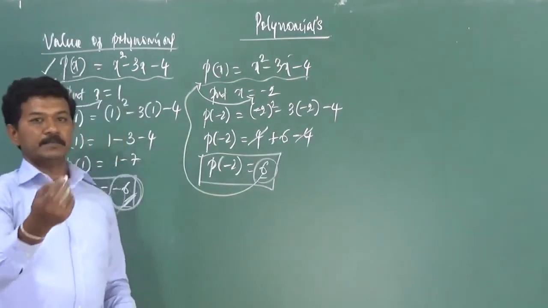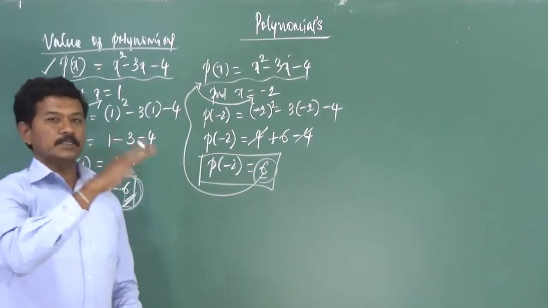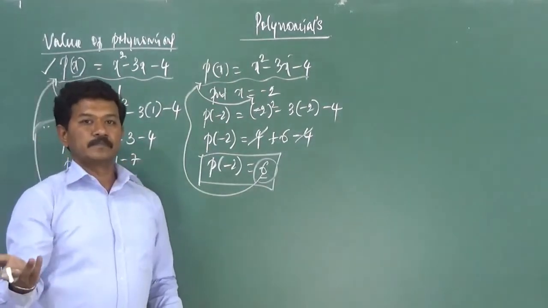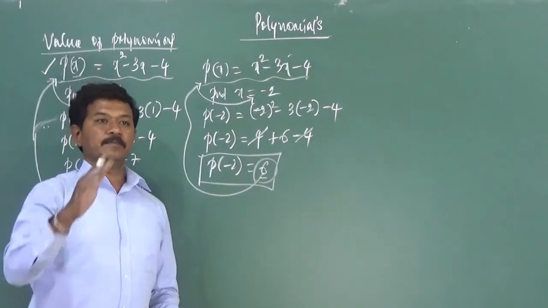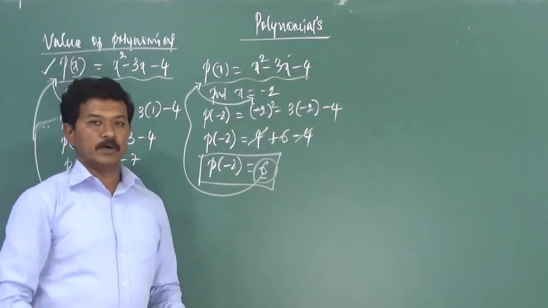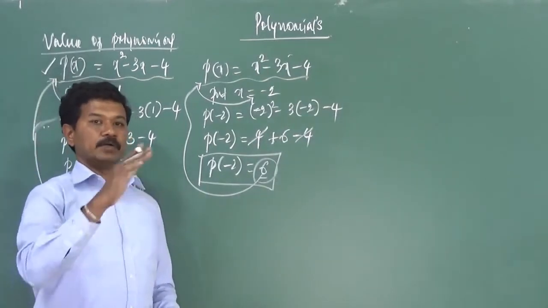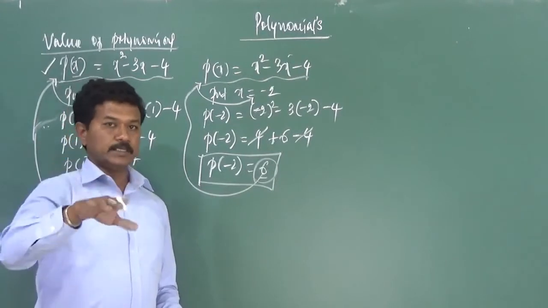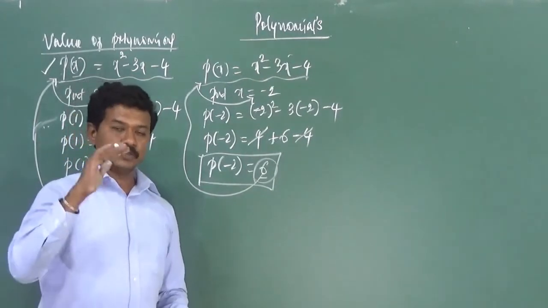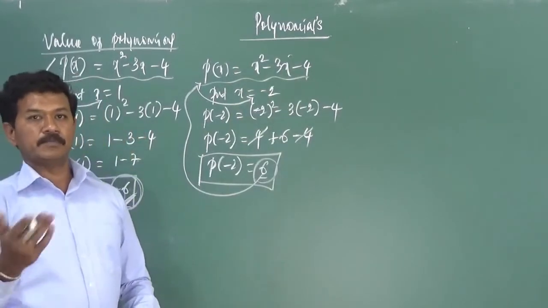So you will be given a very simple polynomial. If p of x is equal to x cube minus 3x plus 2, find the value of p of 1. So there in place of x you have to substitute 1. In some examples, if p of x is equal to x plus 3, find the value of p of minus 2. So there you have to substitute minus 2 in place of x and find the value of p of minus 2.